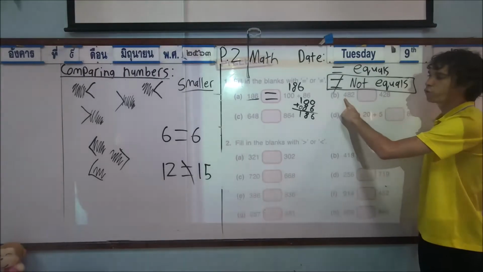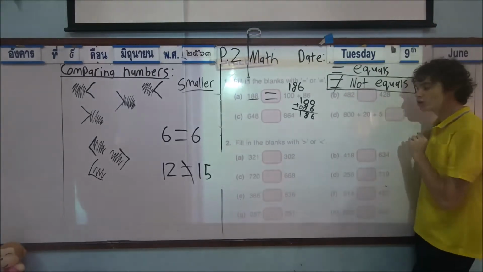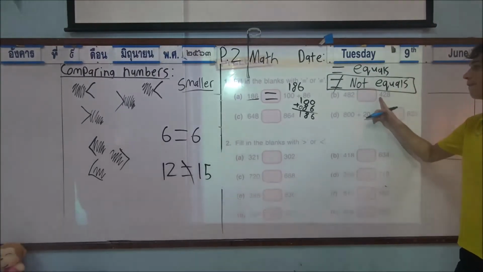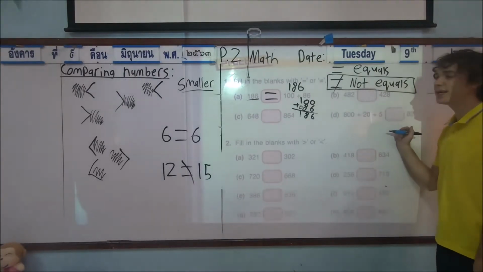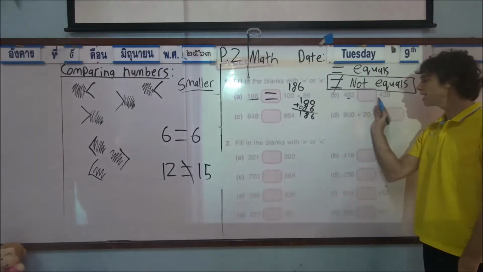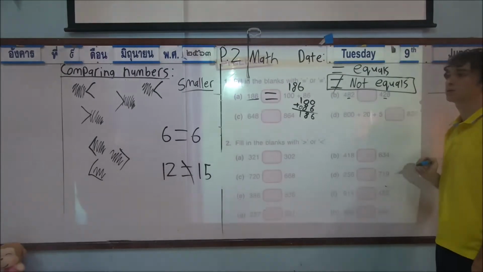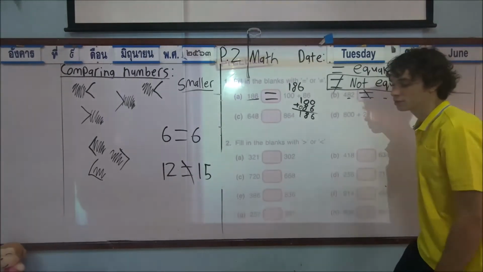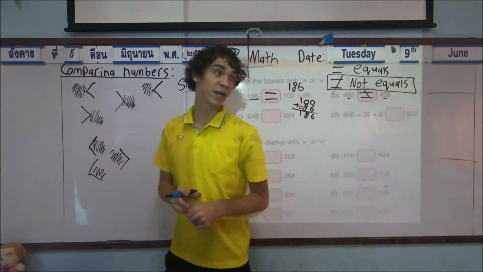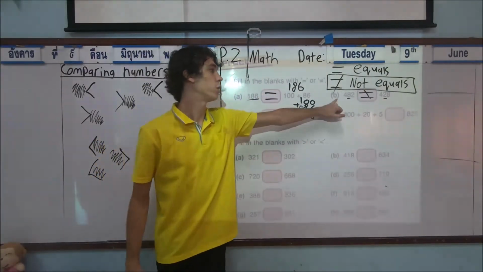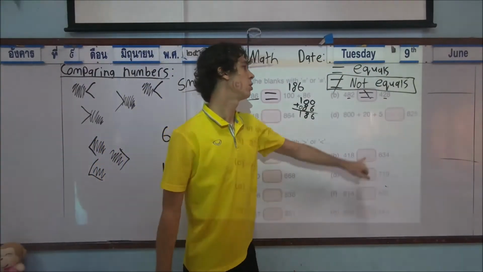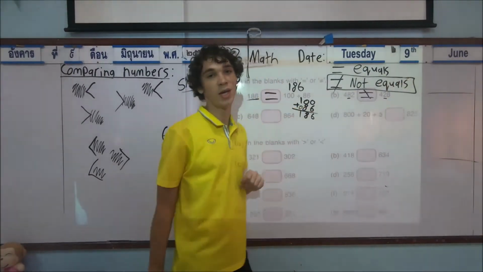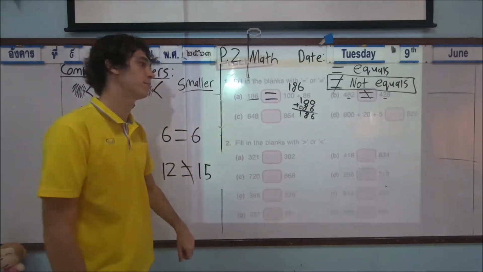B, we have 482 and 428. The tens place is different. So they are not equals, not the same. 482, 428, not the same.